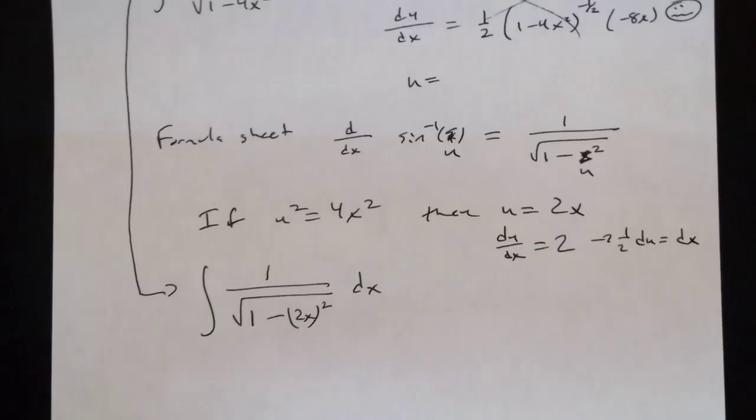Because then I would not have the correct thing down there, would I? 4x all squared is 16x squared.